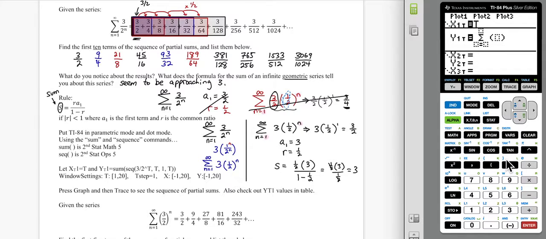But you just got to keep track of, okay, well, what are the parameters here? So I'll do it both ways just so you have it. But what's going to go in the parentheses is your expression. So 3 over 2 to the t power, and we're not using n's here. We could use n's in some instances, but parametrics work in terms of t, so we're kind of stuck with that.